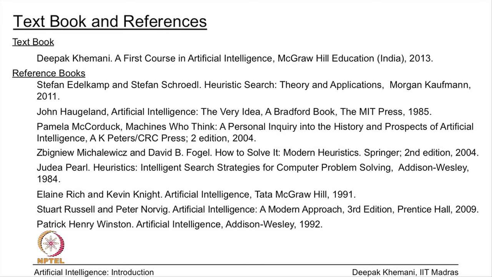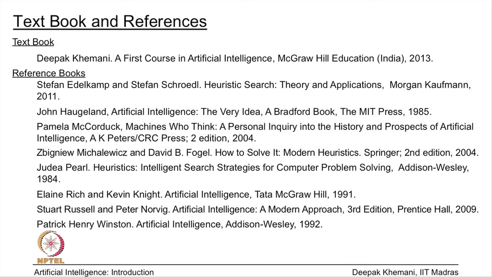So, the textbook that we will follow is the book which I have just published. It's just about to come out, and there are some textbooks in AI which have been very popular, and earlier I was using a lot of material from here.